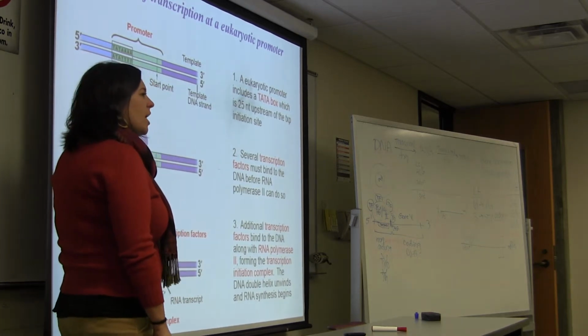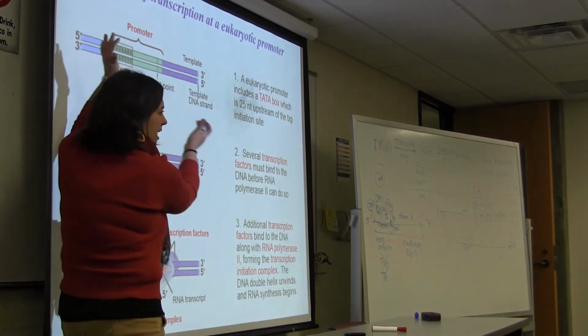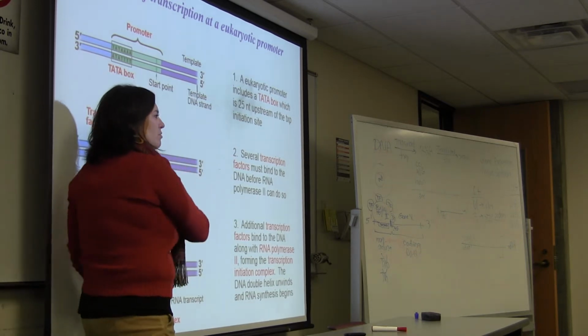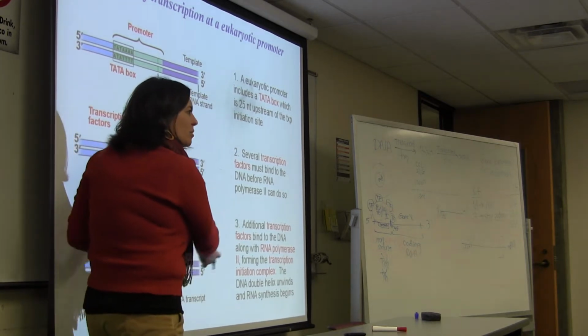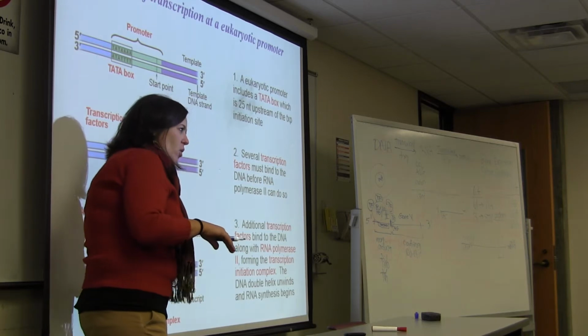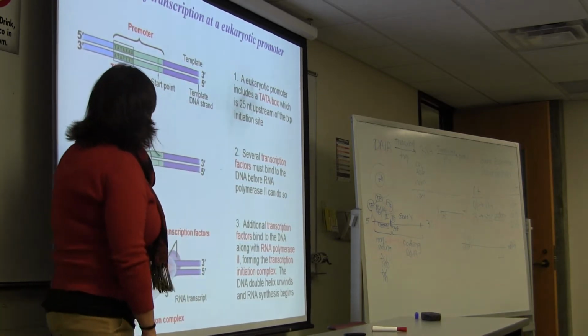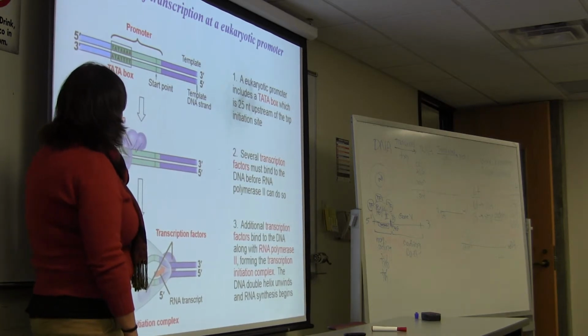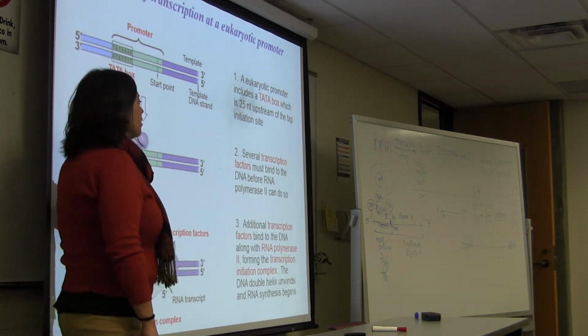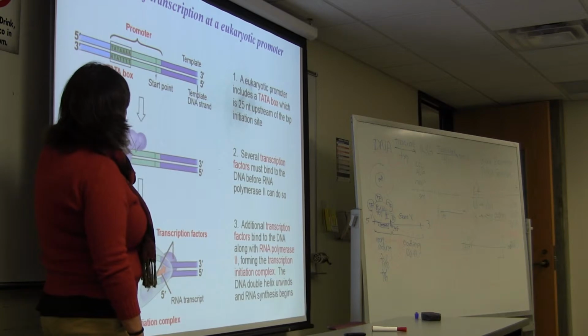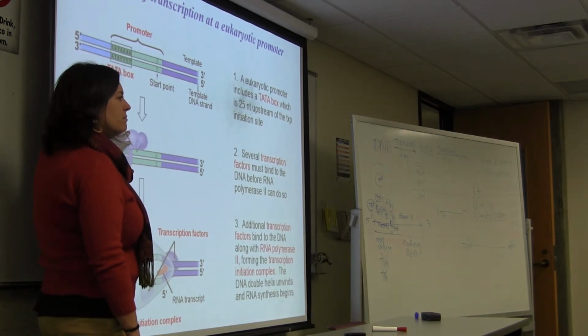And so during initiation, this is basically like everything's getting ready. Nothing's starting, but the race is getting ready to start, so all the runners are getting in their place, getting ready to take off and go. That's what initiation is. And in this initiation, the transcription factors are going to bind to the TATA box.